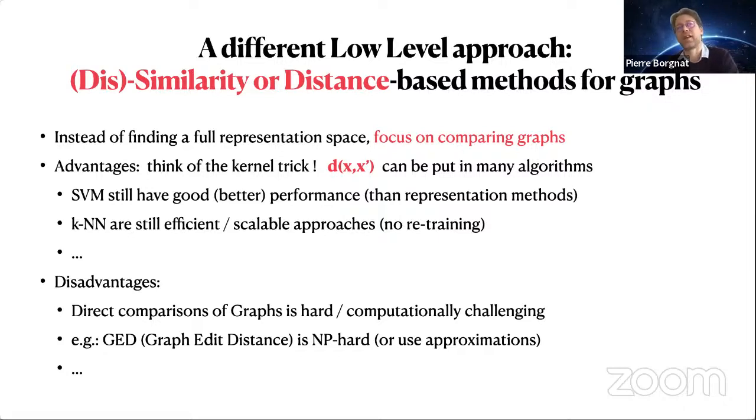SVM can still beat representation methods if you put good distances. KNN are still efficient because they are very scalable. You don't need retraining, so if you want to deal with a large dataset, you can still use that. There are other methods you can rely on if you have a good distance between your objects.